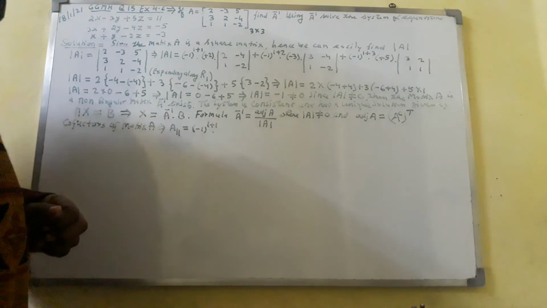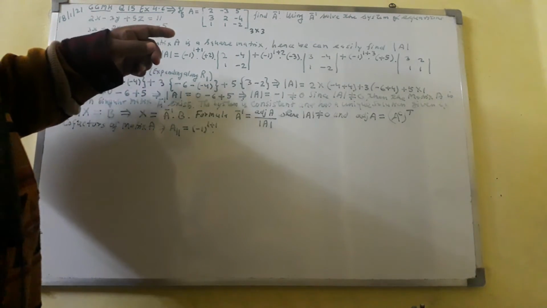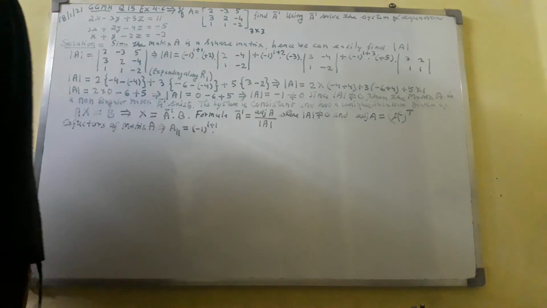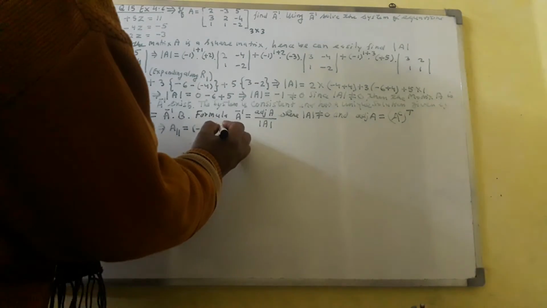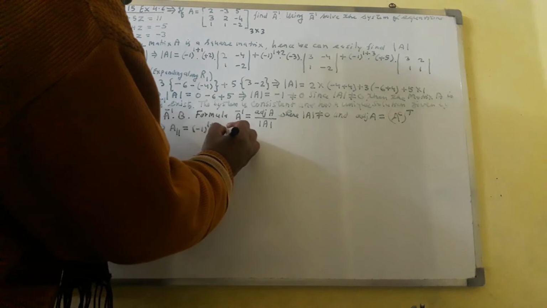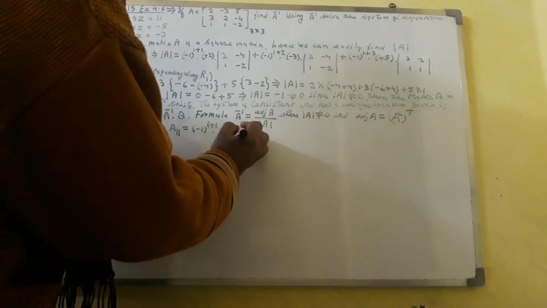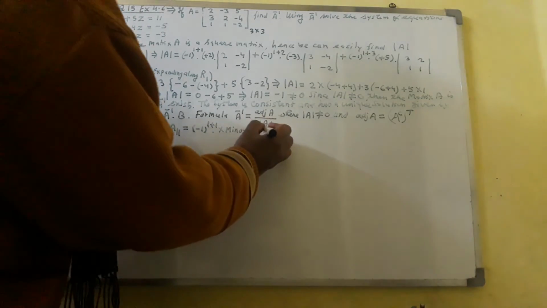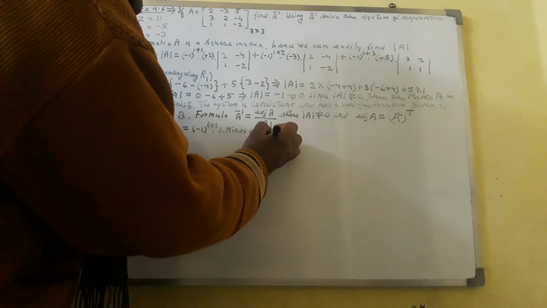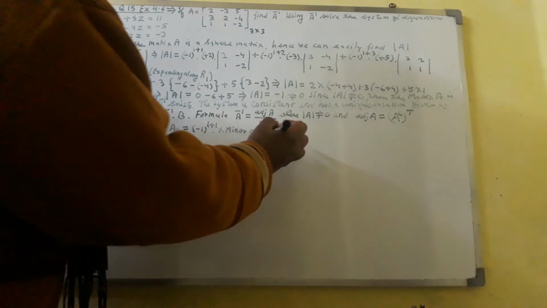And thereafter, what will we do? Into minor of +2. This is the formula we must remember.